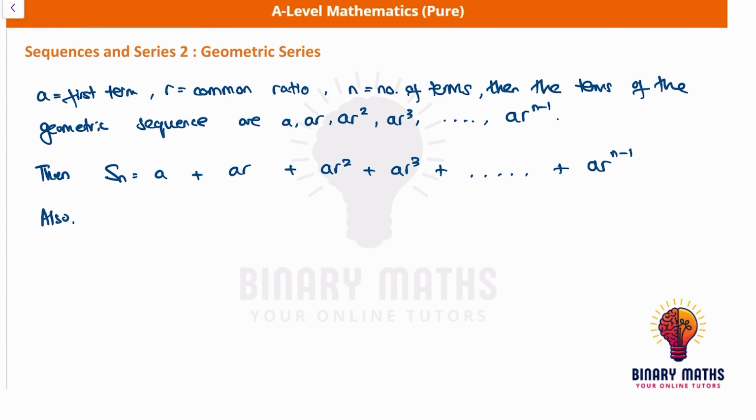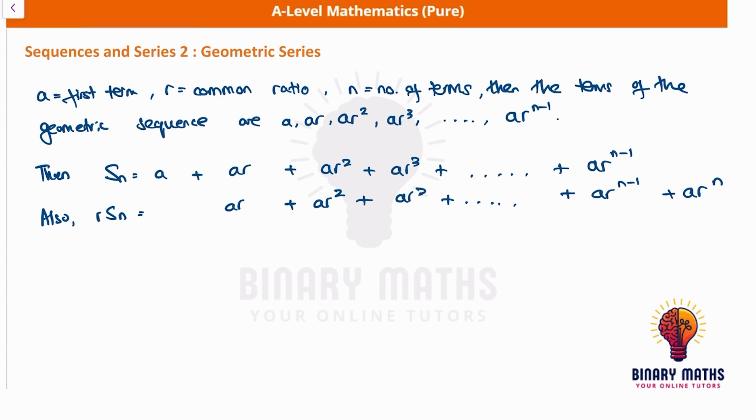Also, r times Sn will be a times r, which is just ar, plus ar times r, which is ar squared, plus ar cubed, and so on. Ar to the power of n minus 1 times r gives you ar to the power of n, because you increase the power of r by 1. And previously, that would be ar to the power of n minus 1.